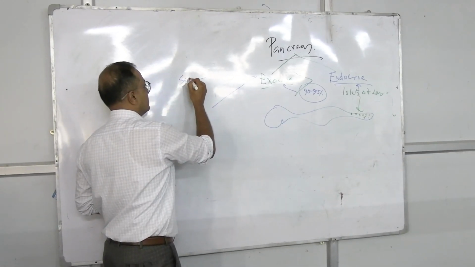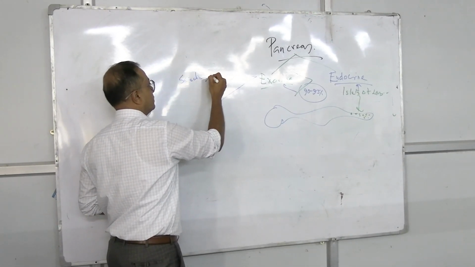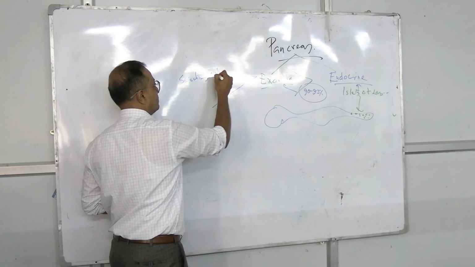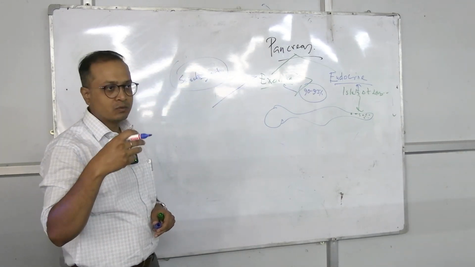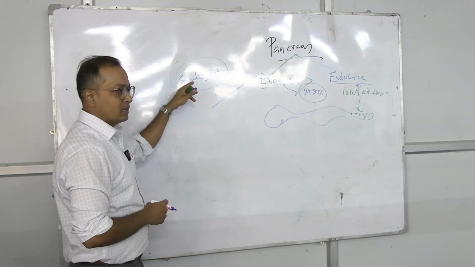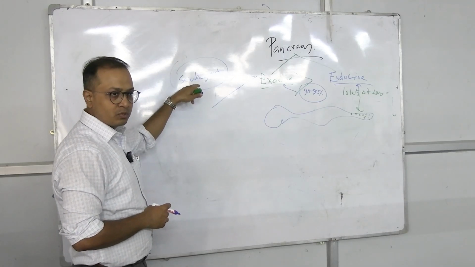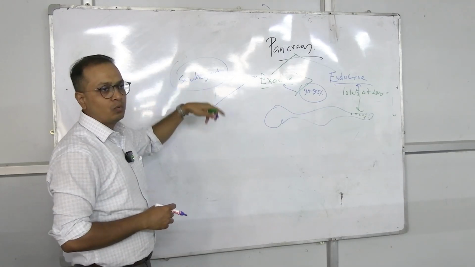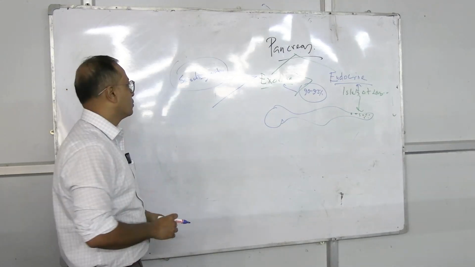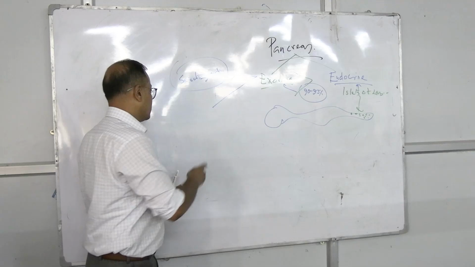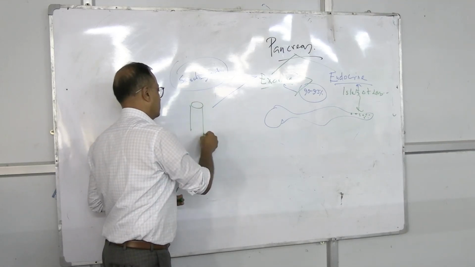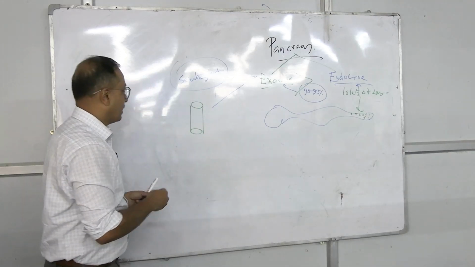One is the secretory unit, the part which produces chemical substances that we call enzymes. Once these enzymes are produced in these factories, they need to be exported out through a system we call ducts.